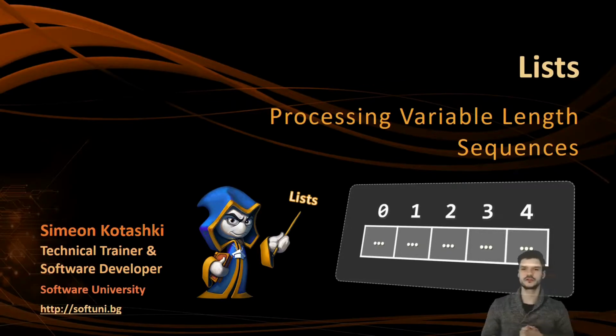In this lecture we'll be talking about lists and how to define lists, how to process variable length sequences, because as I mentioned, arrays are very similar to lists. Actually, behind the scenes, lists are basically arrays, but there are some very important properties that we should have in mind, and they're easier to use.